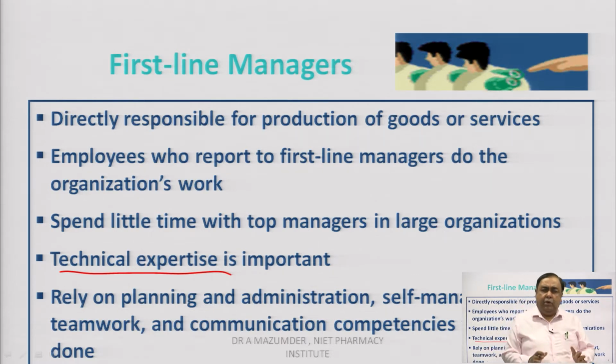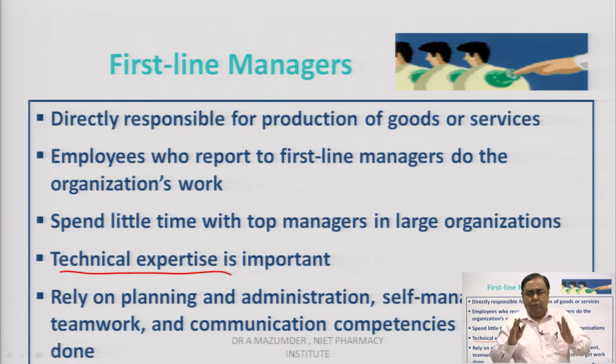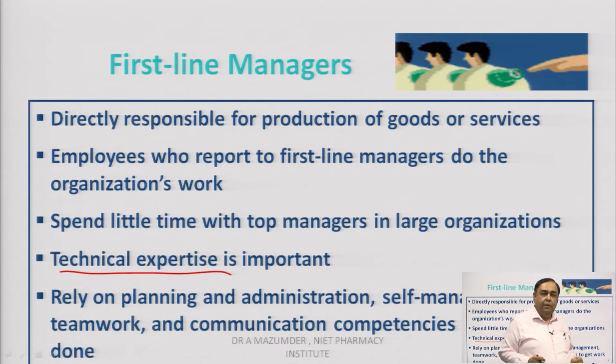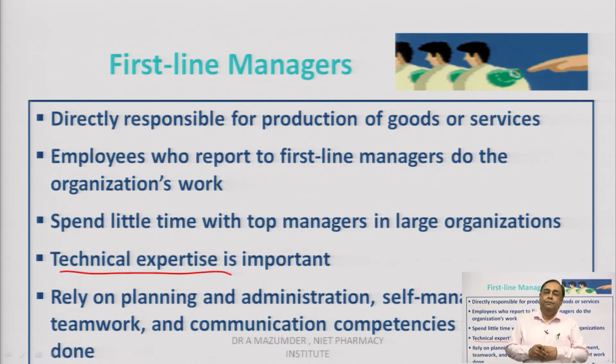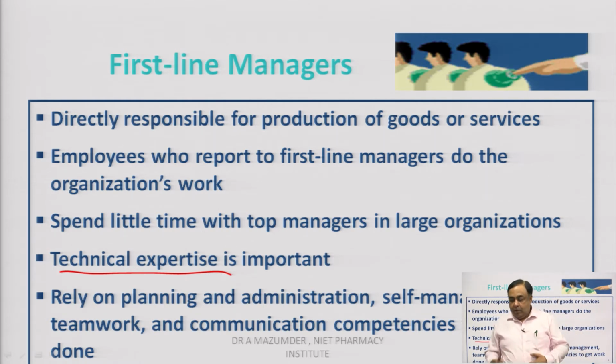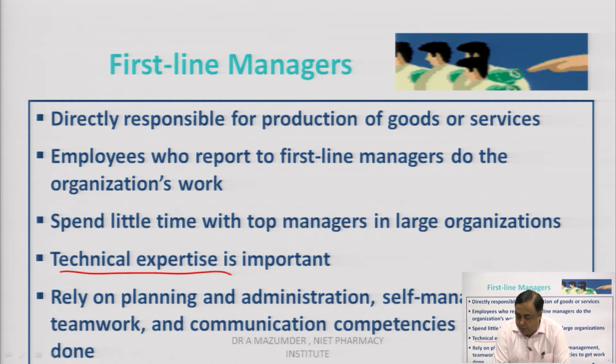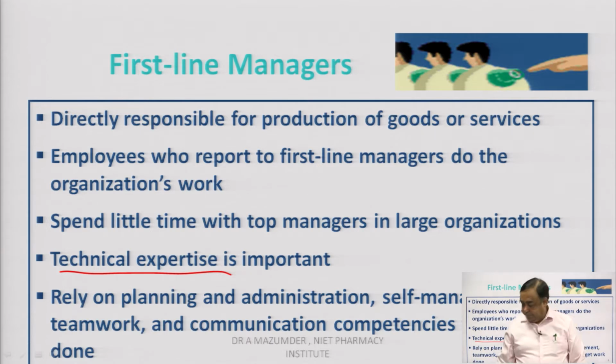That is, the technical knowledge must be very good. They rely on what plans are made by the higher level, that is the middle and the top managers. So, they rely on planning and administration, self management, teamwork, and communication competencies to get the work done.